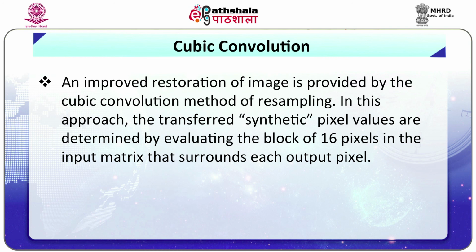Cubic convolution. An improved restoration of the image is provided by the cubic convolution method of resampling. In this approach, the transferred synthetic pixel values are determined by evaluating the block of 16 pixels in the input matrix that surrounds each output pixel.